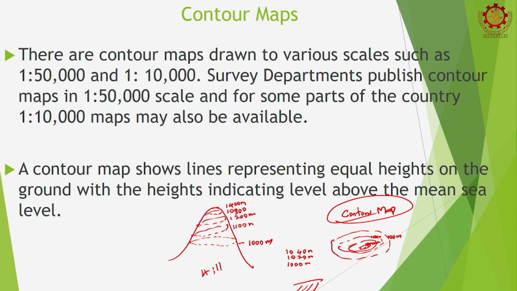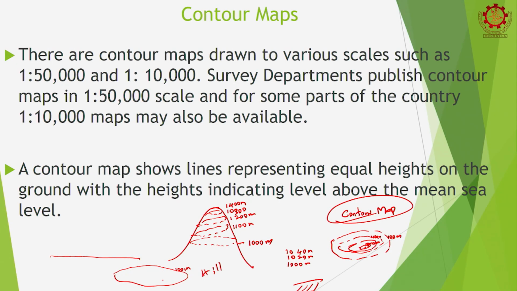If it is a flat area, say this is a flat area, the contour map will be just one line, no other lines. So, it is 1000 meters, no other lines, because there are no hilly areas; the entire area is flat at 1000 meters like a playground. So, when you see a map with a contour line and no other contour lines, you must understand that it is a flat area.